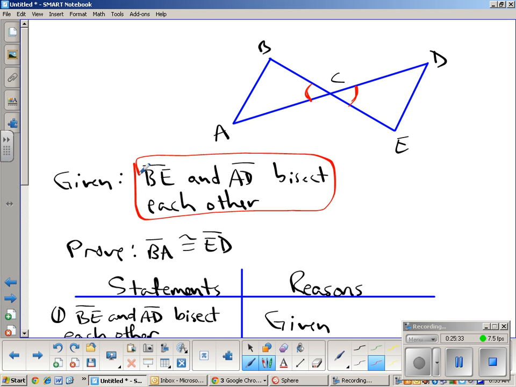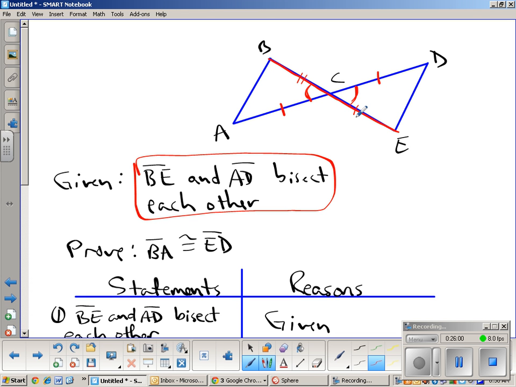In fact, it cuts it into two equal halves. So if segment BE bisects AD, that means it cuts segment AD into two equal halves. And if segment AD bisects BE, it cuts segment BE into two equal halves.